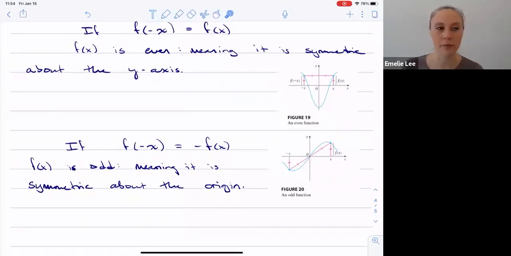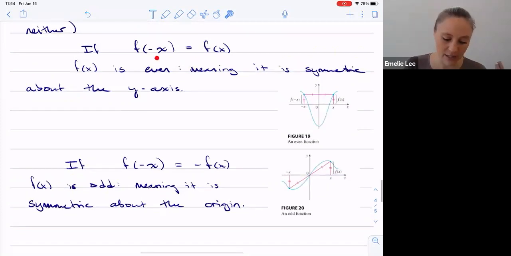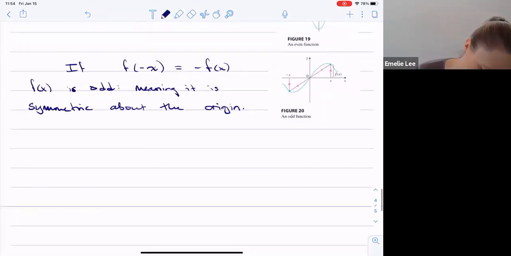So in order to determine if a function is even or odd, you can evaluate it at f of negative x to see what happens. Okay, so let's write that down.